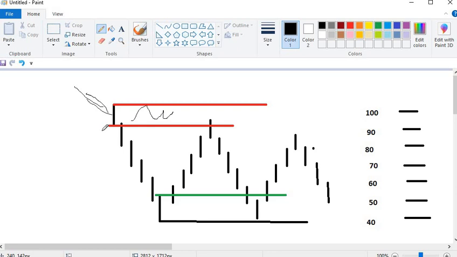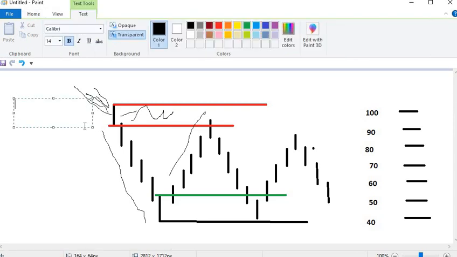The market went to the downside, and then the market approached this candle, and let's say it is a bullish candlestick. So we will consider it an order block, and we will consider it a supply zone.